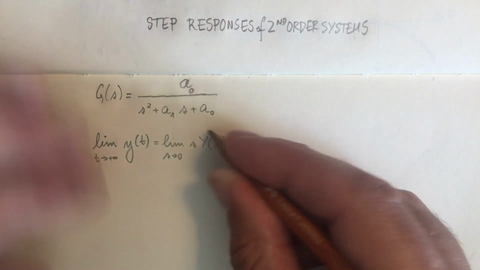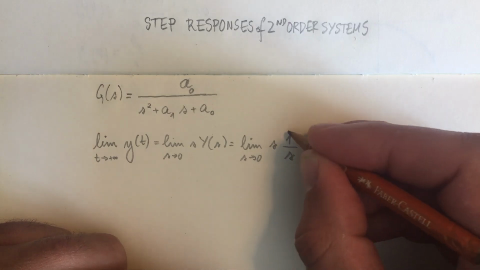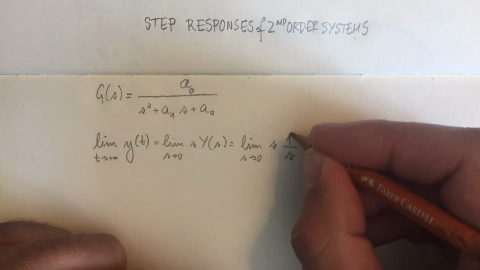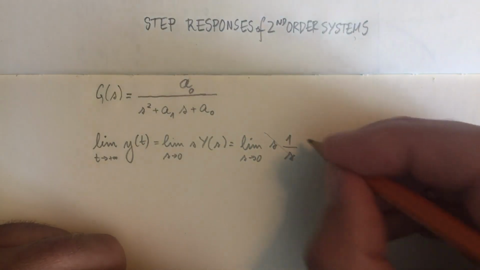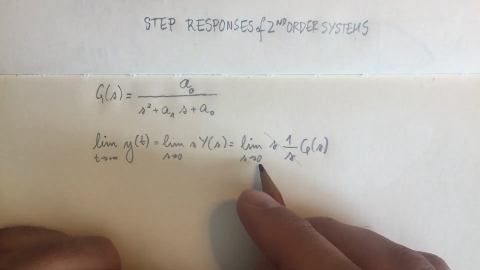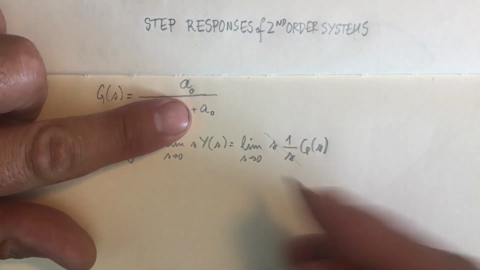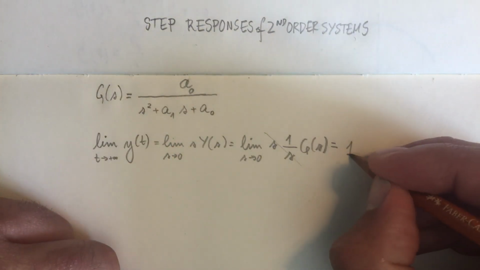The Laplace transform of the output will be the Laplace transform of the input, which is 1 over s for a unit step, multiplied by the transfer function. As s goes to 0, these terms disappear, and we are left with 1.